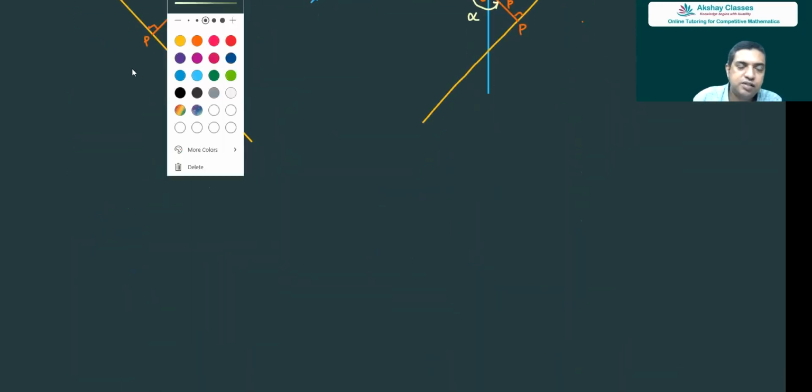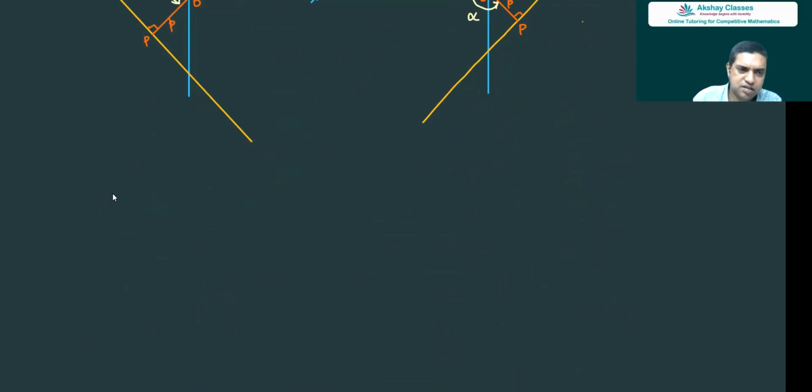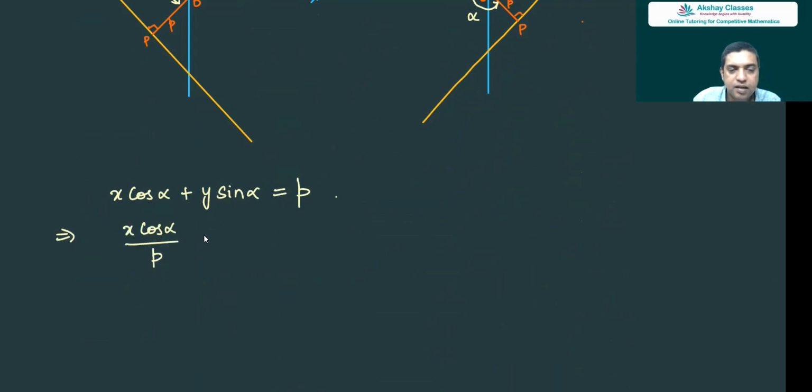Look at this equation. x cos alpha plus y sin alpha is equal to P. I will write this in intercept form. I divide by P on both sides.